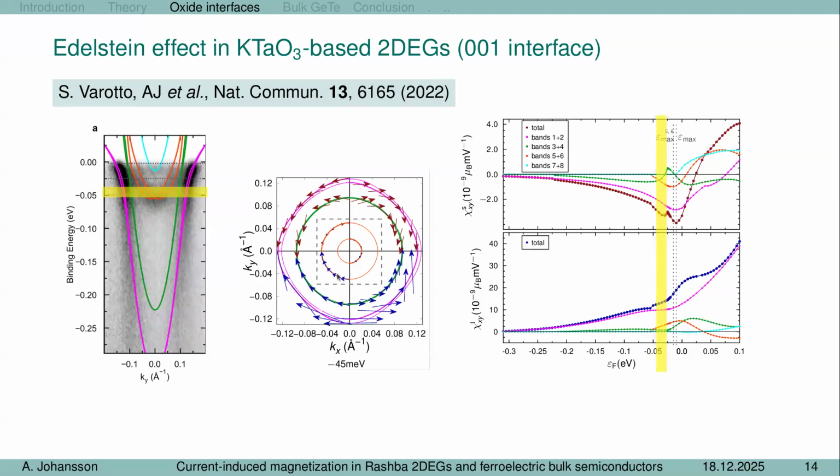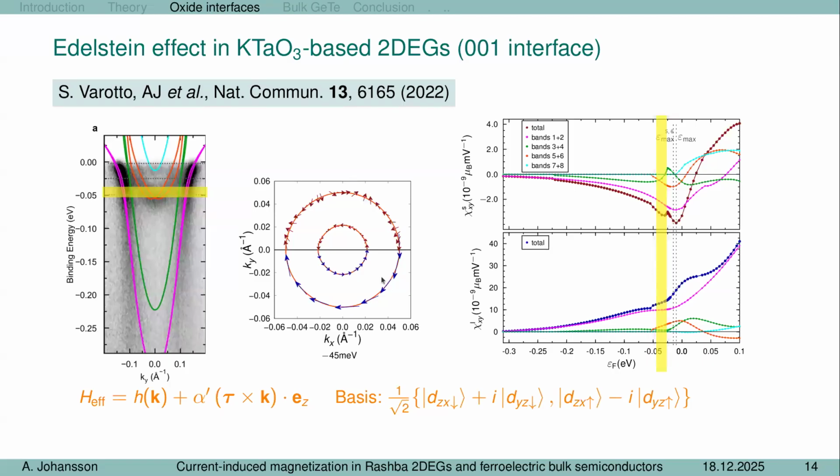So the orbital expectation values are still Rashba-like, but they are much smaller than at the other bands. And now we zoom into this plot, and we see that the spin expectation values are not Rashba-like anymore. So they are definitely not perpendicular to K. They are somehow rotating if you move along the line. So that's not really a Rashba-like system anymore.